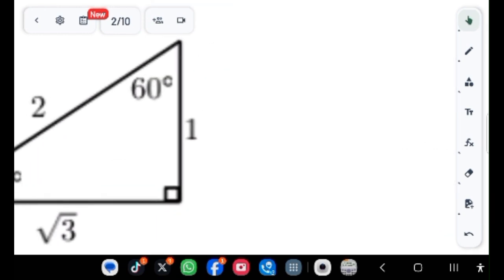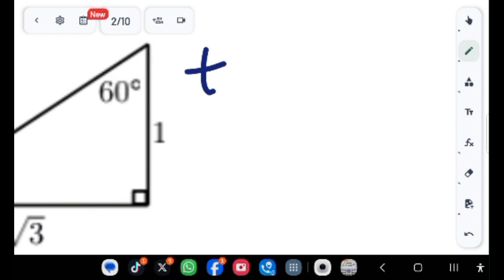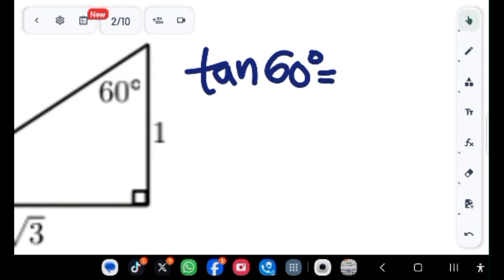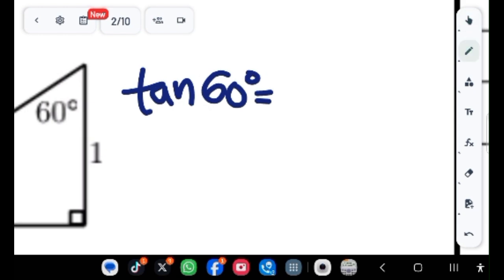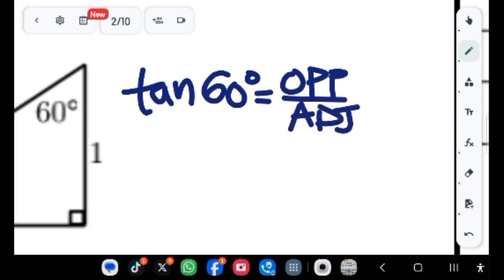Let's say, for example, they say to you calculate the tangent of 60 degrees without using a calculator. We know that the trigonometric ratio tan is opposite over adjacent, which is in short y over x.